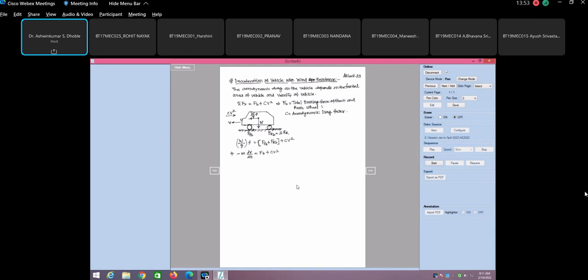We have said here the front and the rear wheel. So we can also write this as minus M dV, as we know that dt is dx by V, that is equal to FB plus CV square, because V is equal to dx by dt.